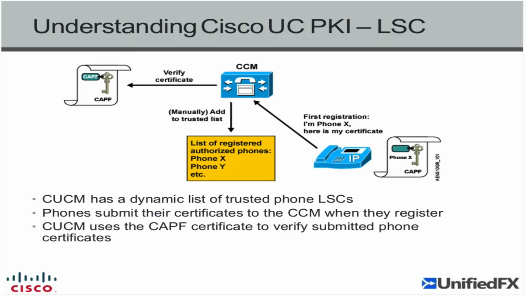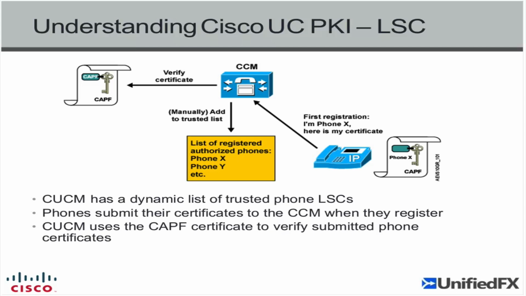So again, LSC enabled encryption is more secure compared to MIC enabled encryption. Just keep that in mind in case your organization requires a least privilege or least trust policy. If it follows it, then you should ideally be going with LSC and not MIC.